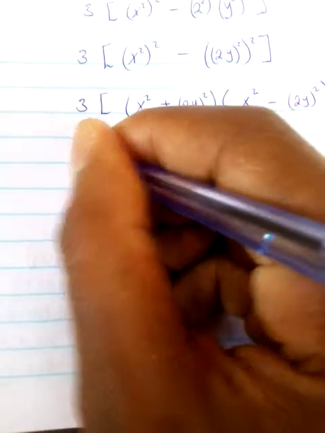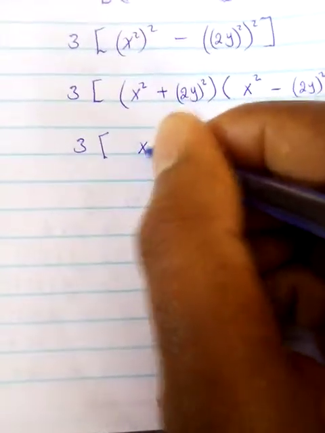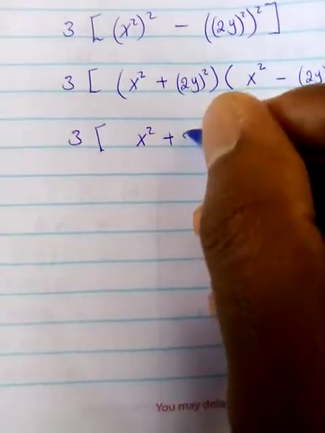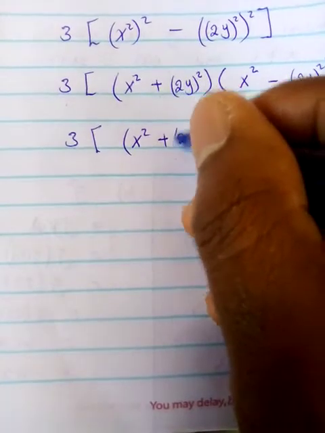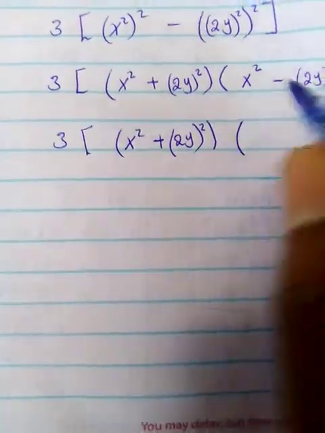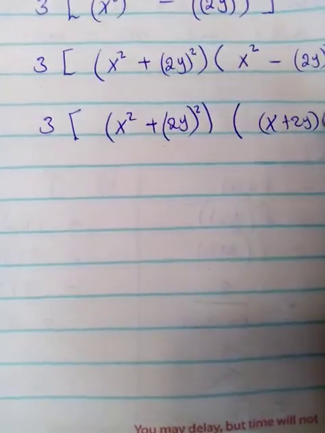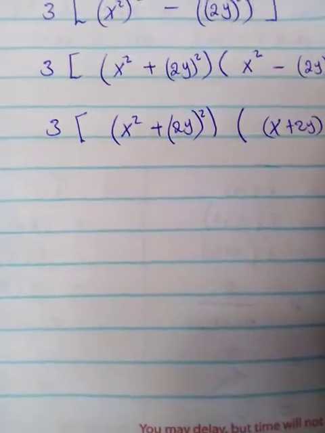I can have a 3 into open brackets. These ones, there is a positive, so there is a plus, so there is no difference of two squares here, because a difference is simply when we are subtracting. Such that I have that, then into brackets a difference of two squares, x plus 2y, then again into x minus 2y.